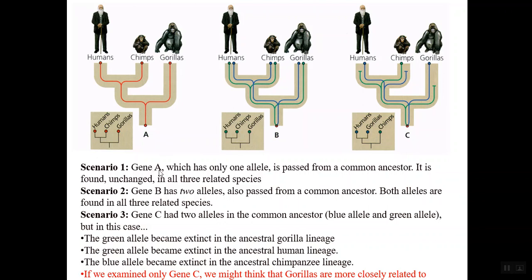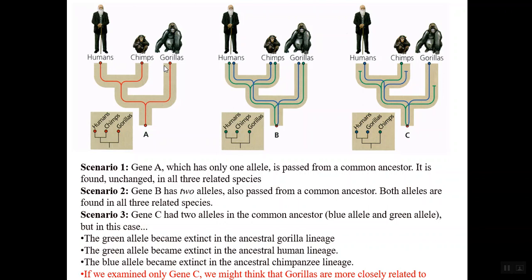Now, gene A, we imagine, has only one allele. Gene B has two alleles, represented as green and blue. And gene C also has two alleles, represented as green and blue. If we look at gene A, it seems like our question cannot really be answered because it's found unchanged.